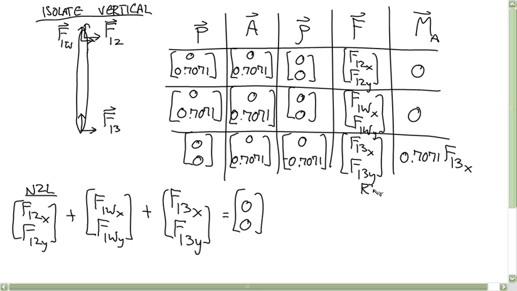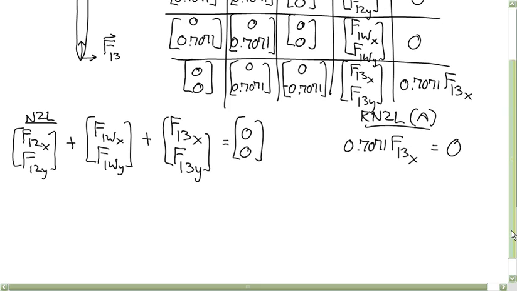And the rotational equation just says 0.7071 F13x is equal to 0. Well, if you happen to be keeping track of how to simplify this system of equations as we go, there's another variable that you know and another one you can eliminate when you do the big matrix at the end.